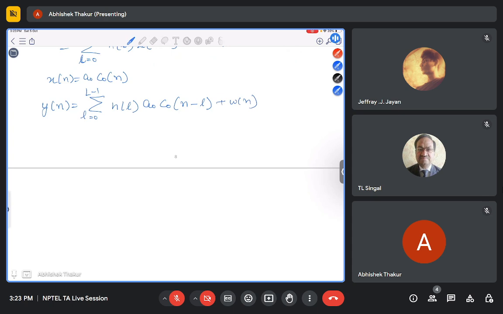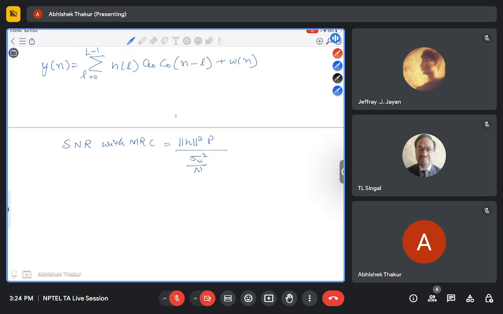So it is a long derivation, but finally I will directly write the formula. The signal to noise ratio with a maximal ratio combiner will be given as, so again this is improved by the factor of n, that is the spreading gain.